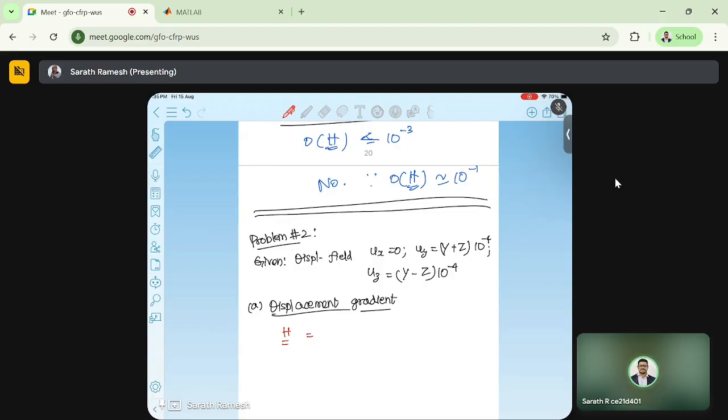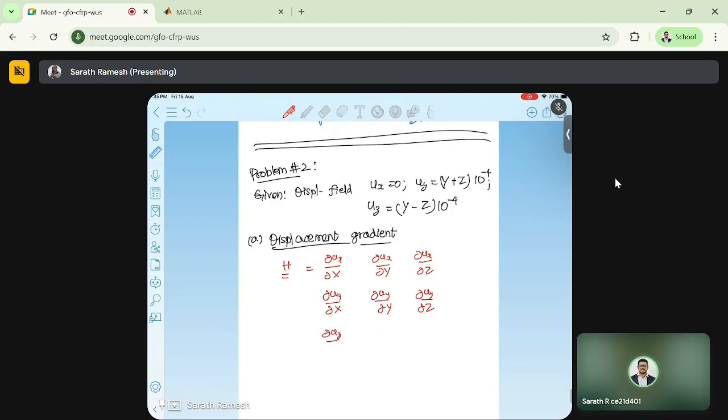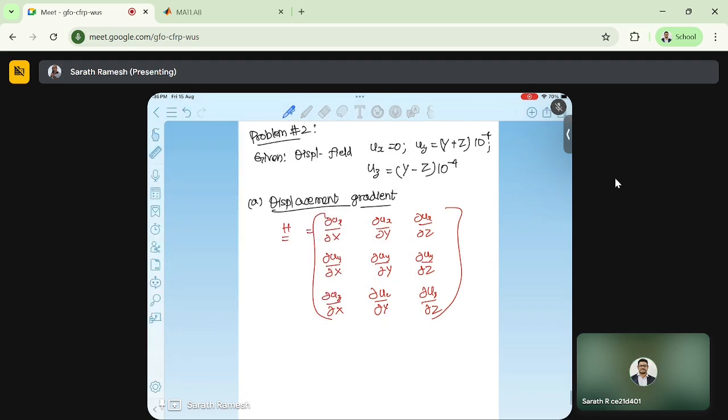Since the displacement vector components are given, let's directly write H as ux by capital X, ux by capital Y, ux by capital Z, uy by capital X, uy by capital Y, uy by capital Z, and uz by capital X, uz by capital Y, uz by capital Z. Okay, this is the H matrix, the displacement gradient tensor. ux is 0, so the first row is all 0. For uy, differentiating with x gives 0, with y gives 10 power minus 4, and with z gives again 10 power minus 4.